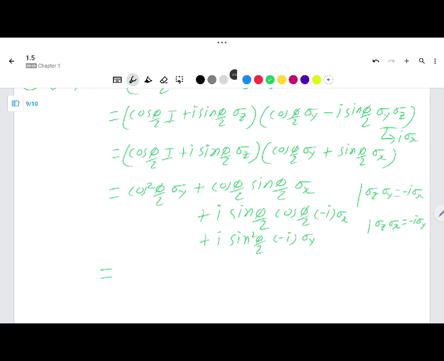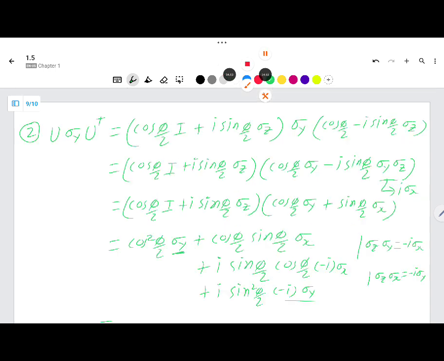So again, there is sigma y, there is sigma y, y square is minus 1, so okay, there's one change here.